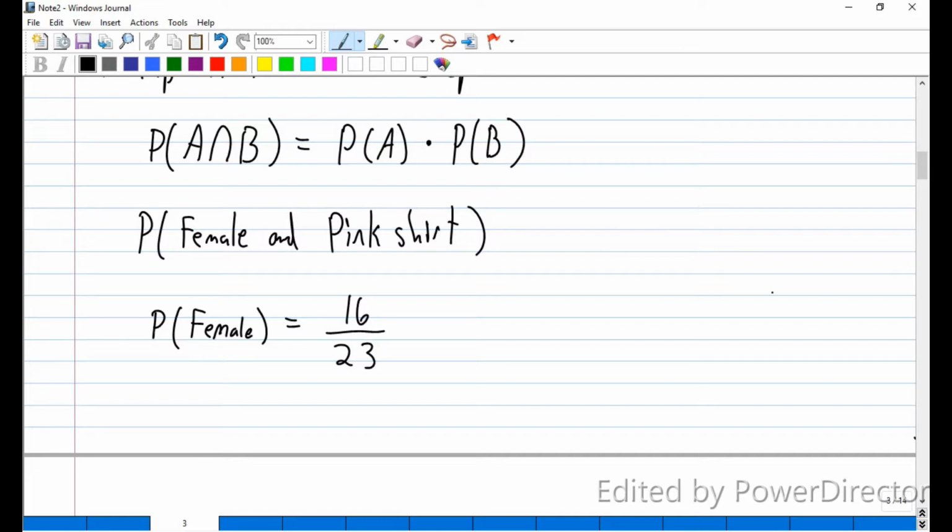So there's the probability that if I randomly selected someone from this class, let's say I put a blindfold on and just started stumbling around and grabbed somebody, which I wouldn't do, then that person would be female. All right, 16 out of 23.